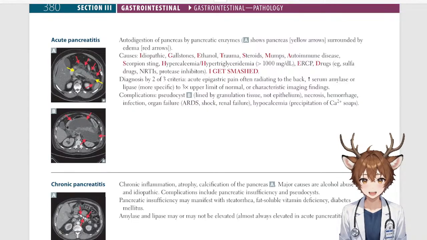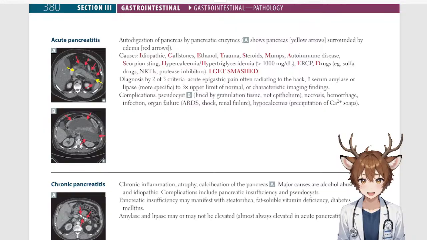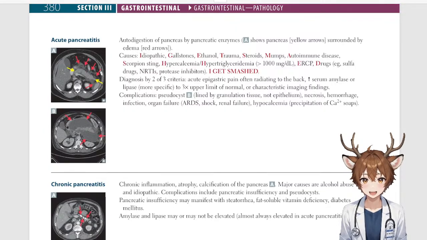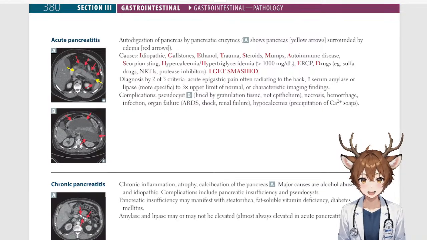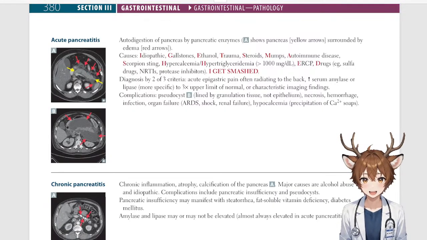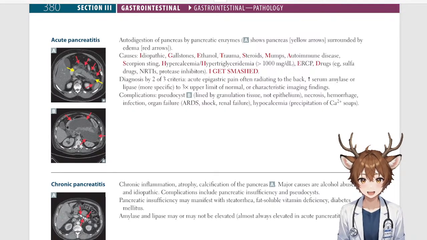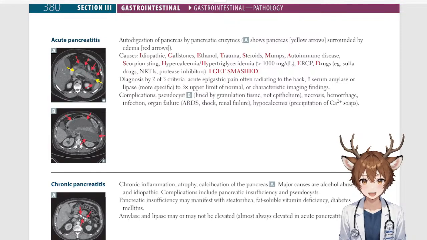Complications include pancreatic insufficiency and pseudocysts. Pancreatic insufficiency, typically when less than 10% of pancreatic function remains, may manifest with steatorrhea, fat-soluble vitamin deficiency, and diabetes mellitus. Amylase and lipase may or may not be elevated, almost always elevated in acute pancreatitis.